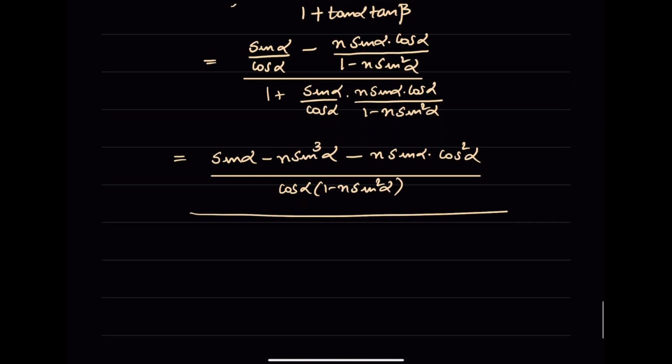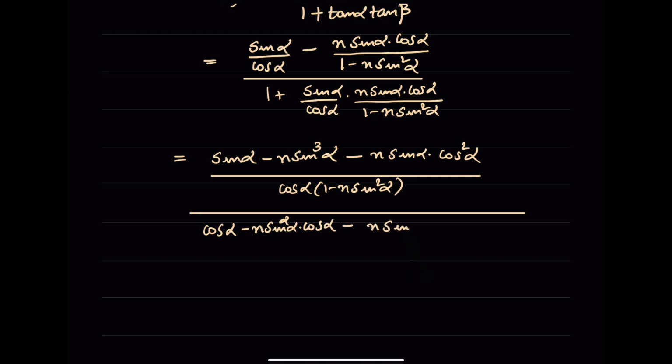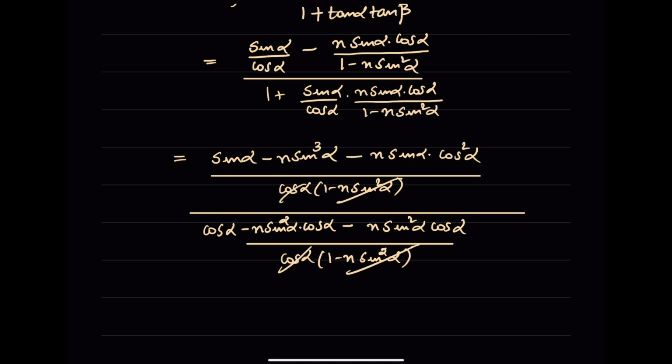Now the denominator would be cos alpha minus n sin square alpha cos alpha minus n sin square alpha cos alpha, this divided by cos alpha times 1 minus n sin square alpha. So we can cancel this out, cos alpha times 1 minus n sin square alpha.